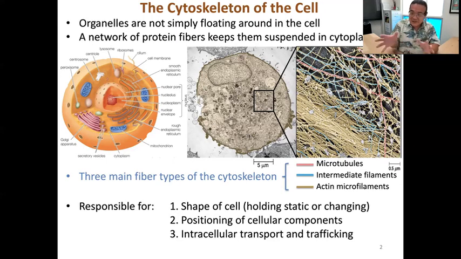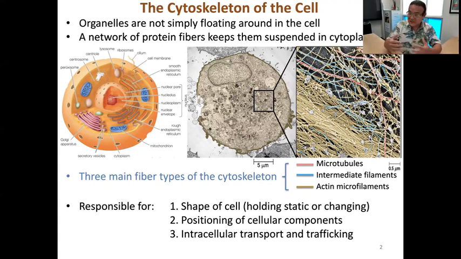So the shape of the cell is held together by the cytoskeleton, either keeping the shape of the cell intact if it's a particular cell that has to maintain a rigid structure or shape, so statically holding it that way, or certain types of cells can change their shape as a function of doing their normal cell functions.